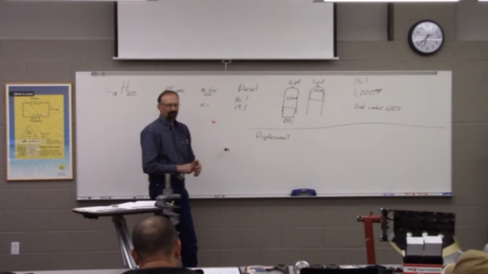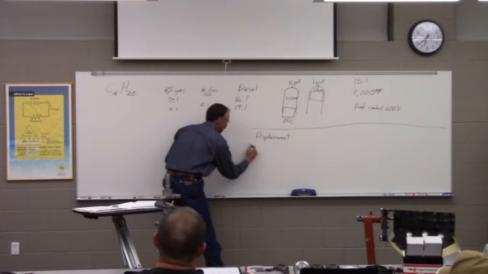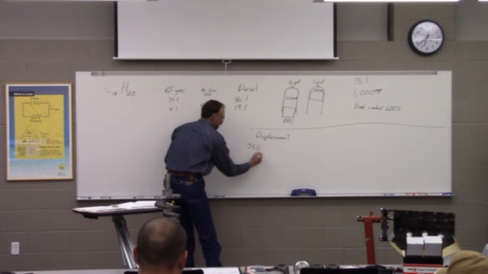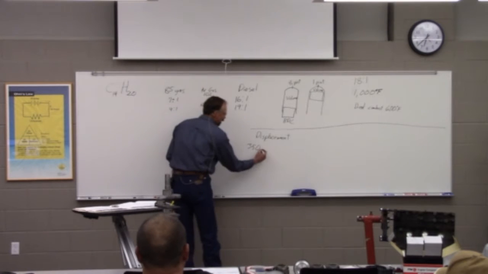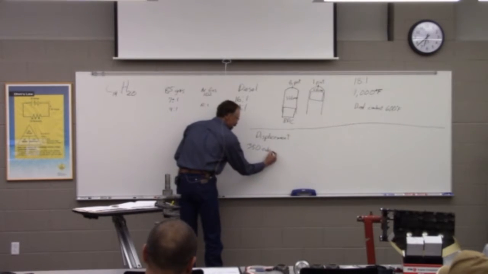So anybody know an engine size, something you've heard of, that this is the size of this engine? There you go, a 350. So what a 350 is, the displacement of that engine is 350 cubic inches.